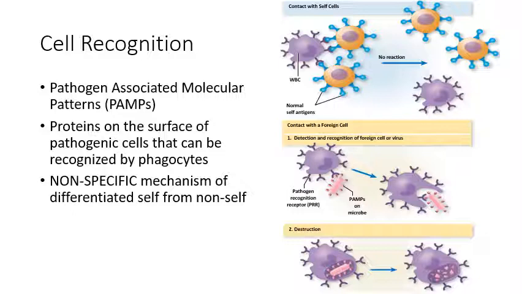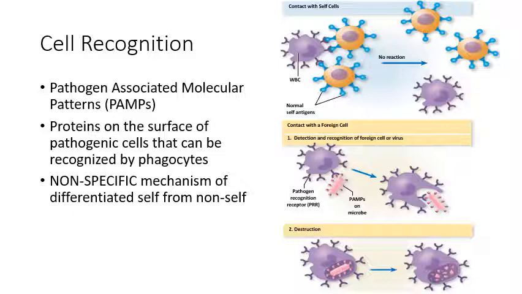In the middle picture, this leukocyte has found a foreign object, a pathogen, which has a pathogen-associated molecular pattern on its surface. Once it recognizes that PAMP, it's going to ingest that bacteria. I want you to keep in mind that this is a non-specific phagocytic response.